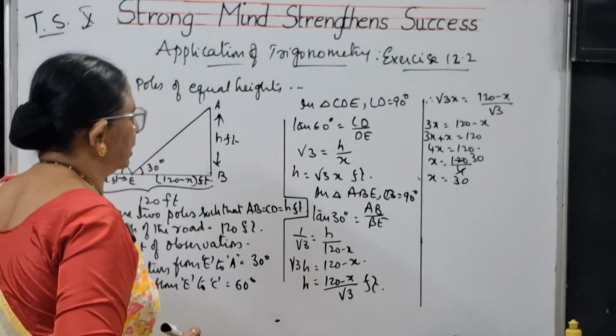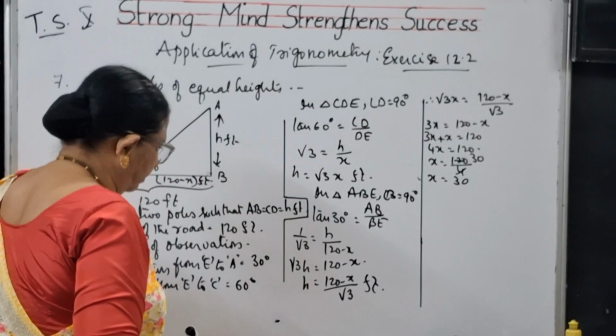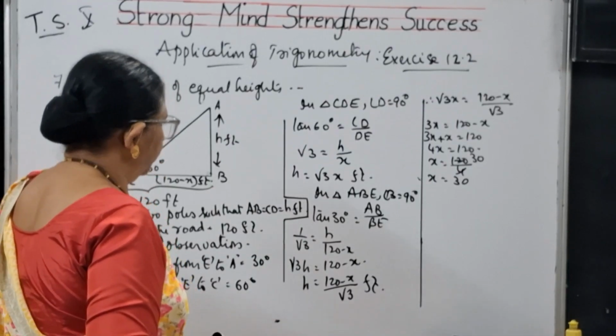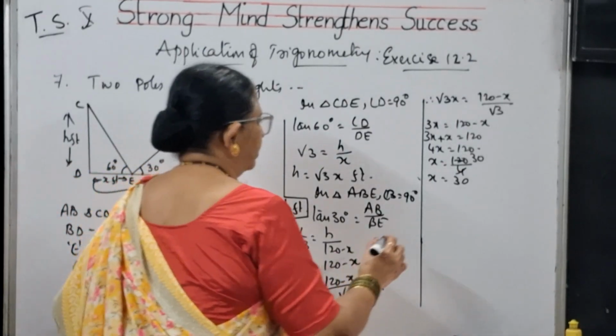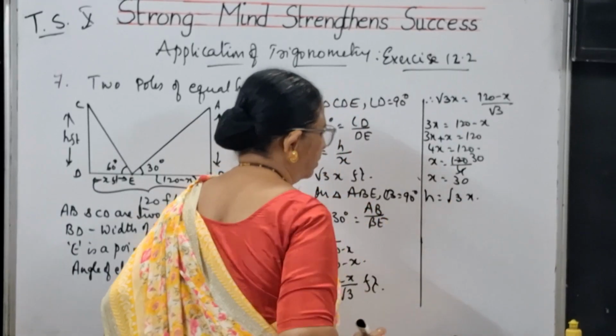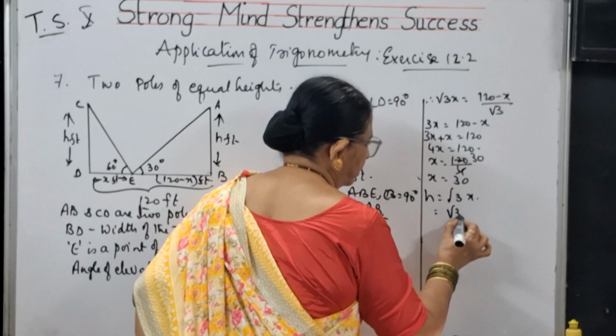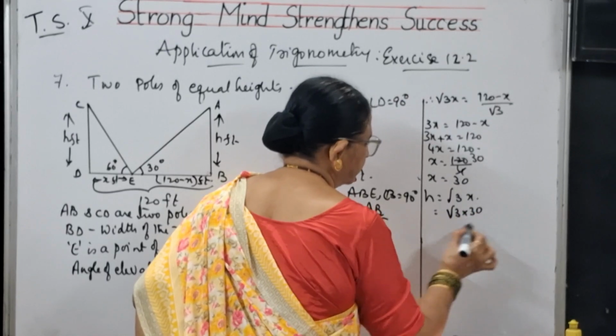Now when you have got x as 30, you need to find out what H is. H is equal to root 3 x, that is root 3 into 30.